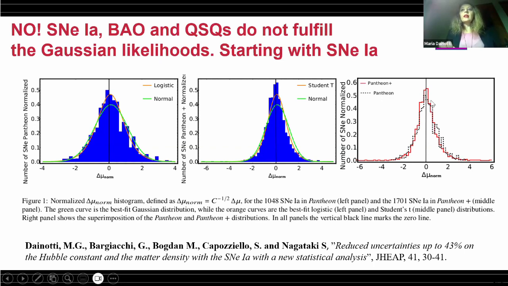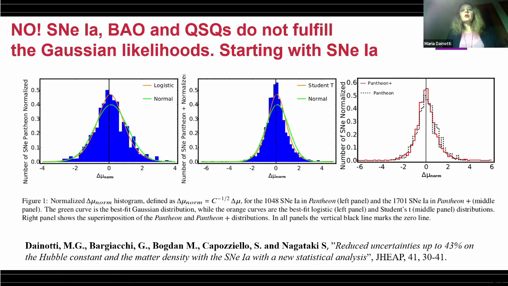So you can see that the distributions are different, and we tested this with several means, with the kurtosis and also with the Anderson-Darling test and the Kolmogorov-Smirnov test. All these statistical tests show that these distributions are different.